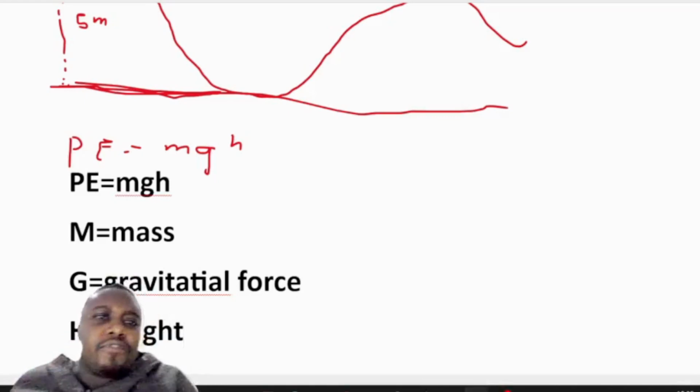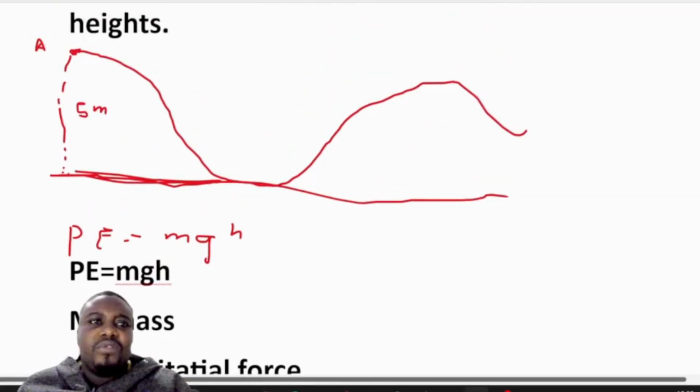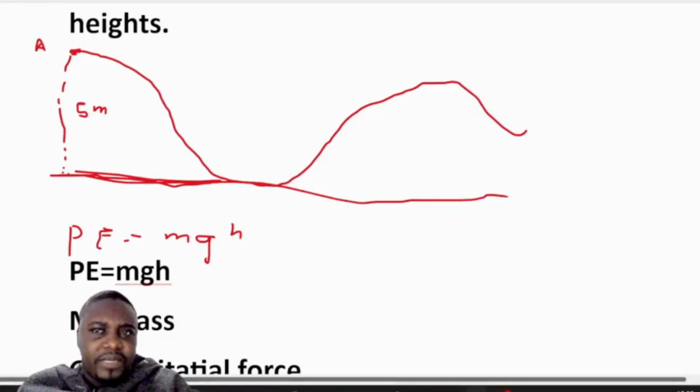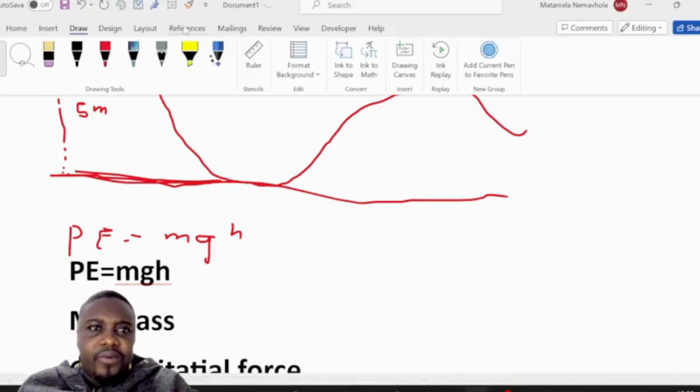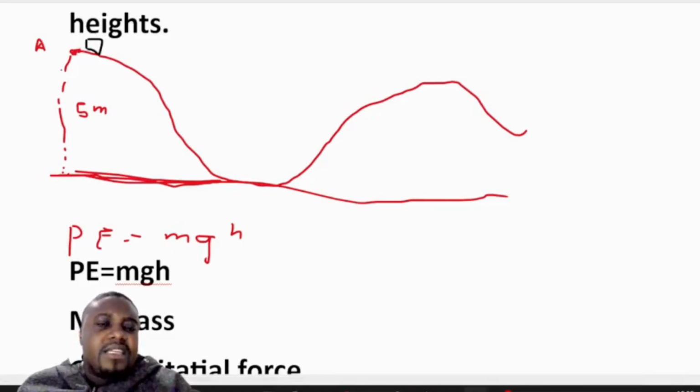If I have to calculate the potential energy, I will have to know the mass. Let's say this is the mass of an object that we are working with. Let's draw our object. Let's say this is our object at A. The mass of this object is 2 kg.